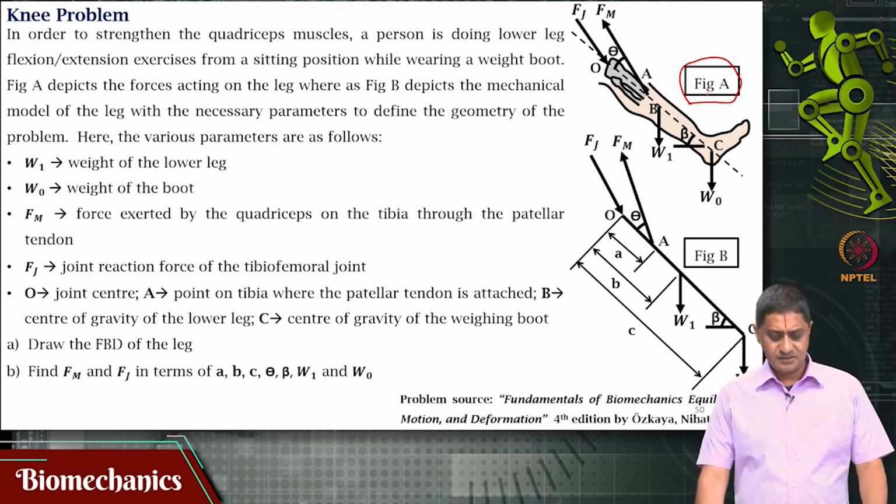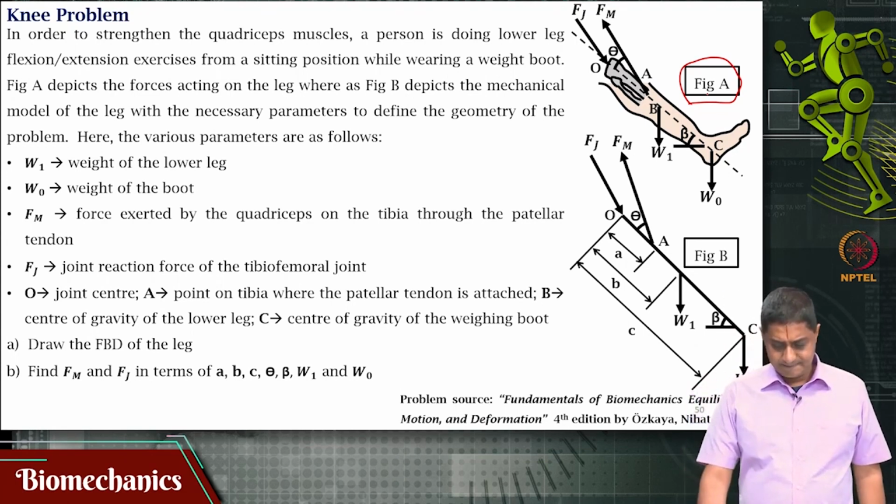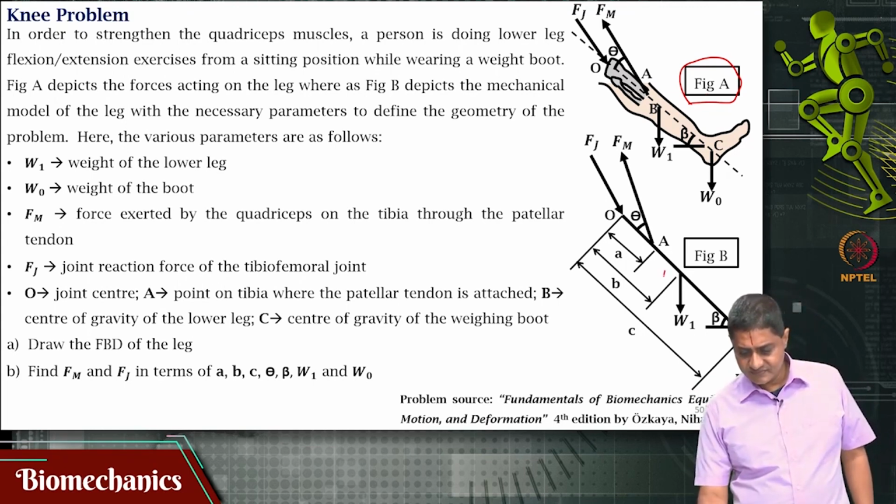O is the point about which the movement is happening, or the joint center. Capital A is a point on the tibia where the patellar tendon attaches. Capital B is the center of gravity of the lower leg, that is that point.